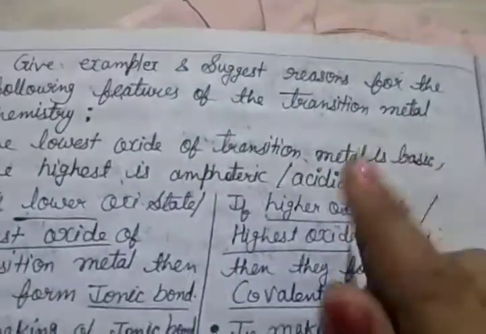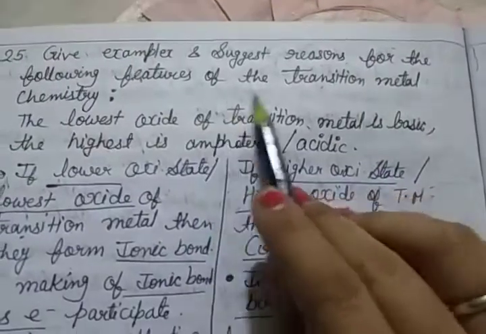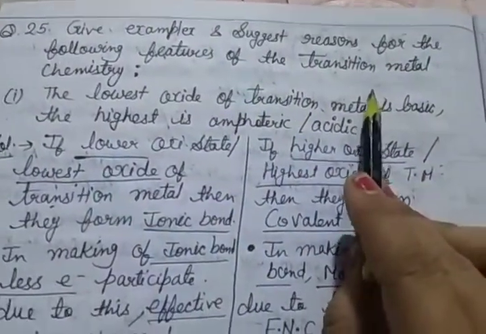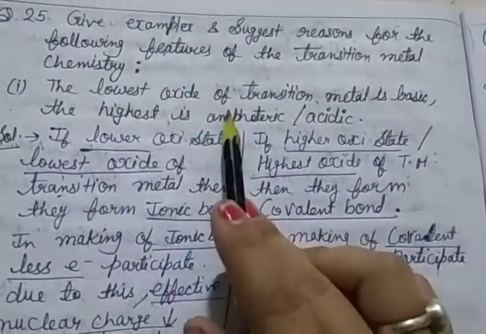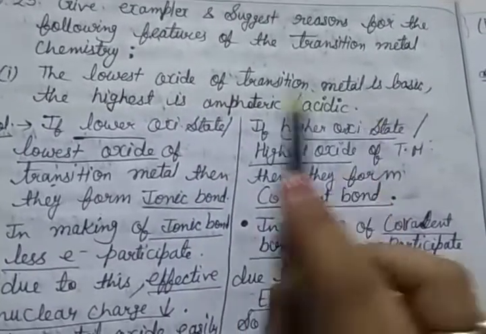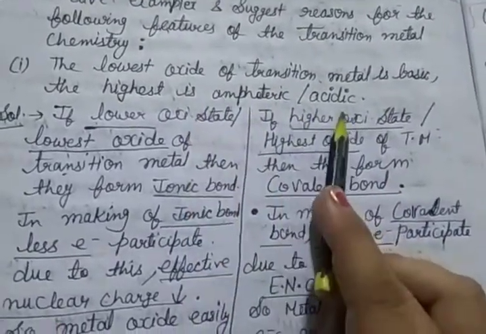Give examples and suggest reasons for the following features of transition metal chemistry. First, the lowest oxidation state of a transition metal is basic, and the highest is amphoteric or acidic. Why?